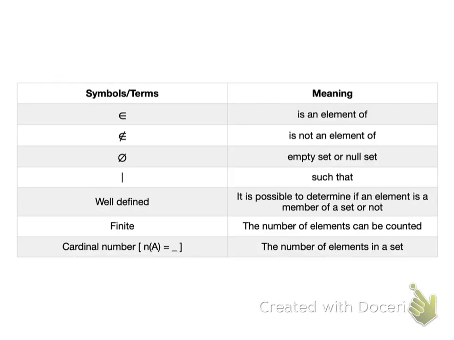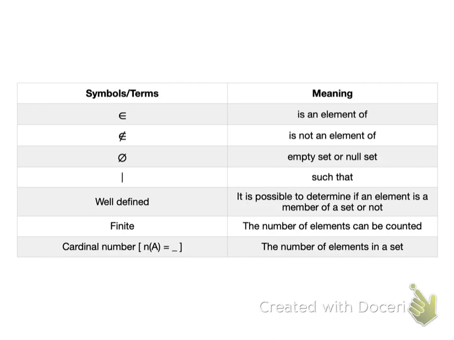Okay. So then we have some symbols and terms that we're going to bring into play now, and we need to know what these mean. This first one, it kind of looks like a weird E. And that means is an element of.